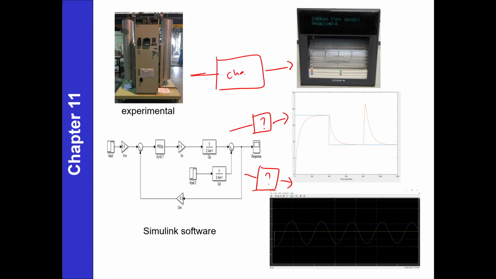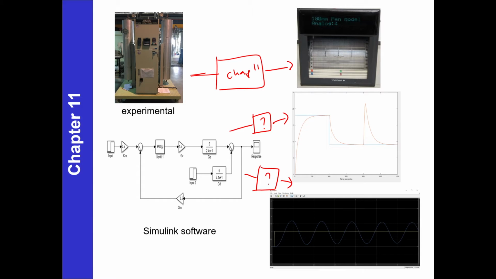Chapter 11 is here to explain what happened when we have the process, whether physically or a simulation, and then we get a response. How to get that response and why the response is like that. So this chapter 11 will explain mathematically.